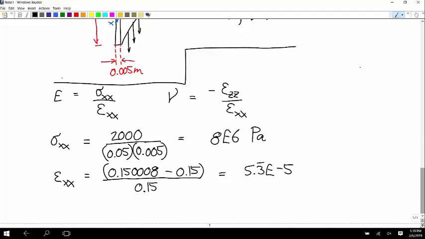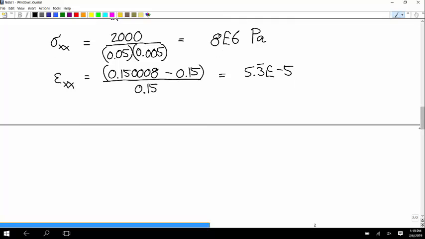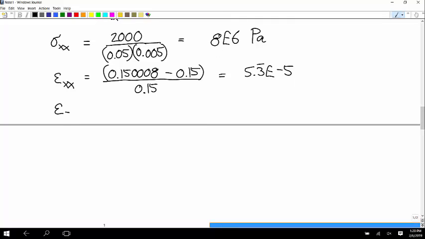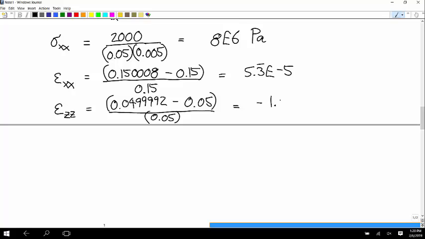And then for the ZZ strain, that's 0.04, then 4 nines, and then a 2, minus 0.05, divided by 0.05. And what do you get for that?